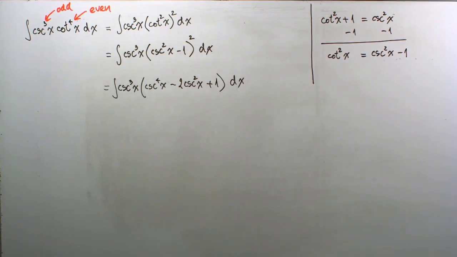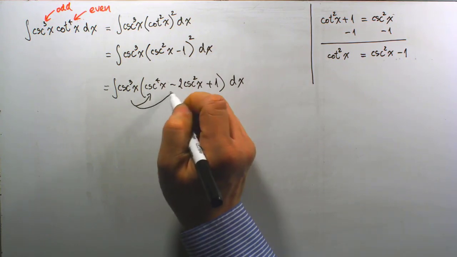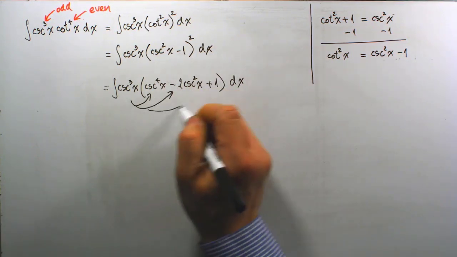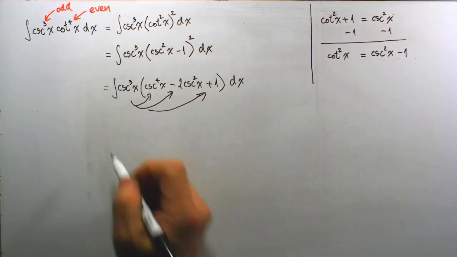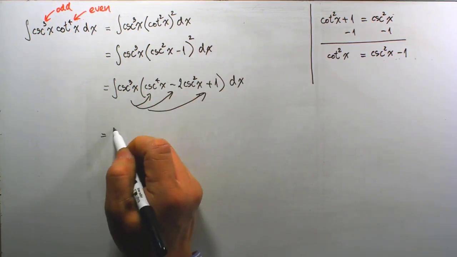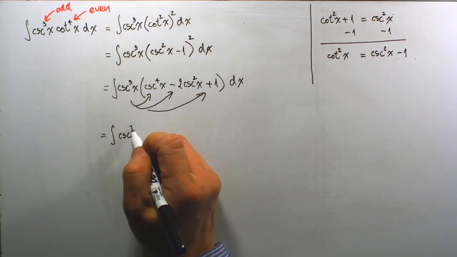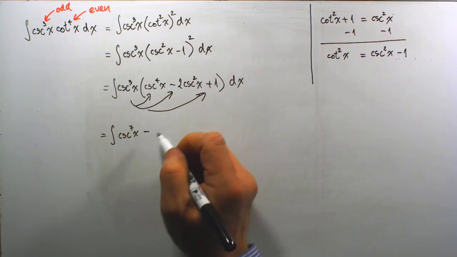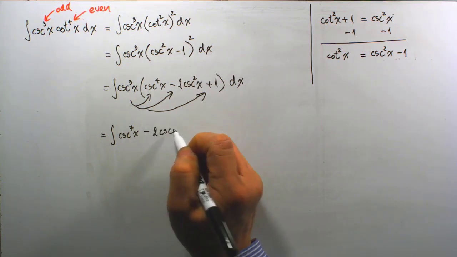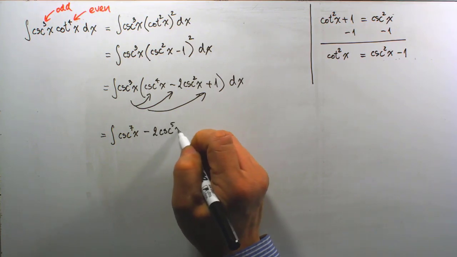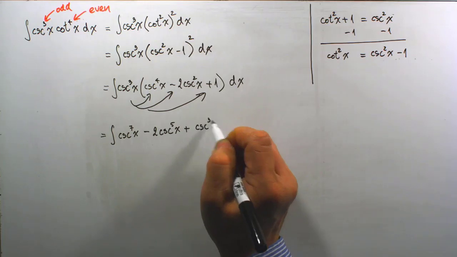with a dx. And then in the next step, I can further distribute that cosecant cube into each of my terms in the parentheses. So in the next step, the integral will become the integral of cosecant to the 7th of x minus 2 cosecant to the 5th of x plus cosecant cube of x.